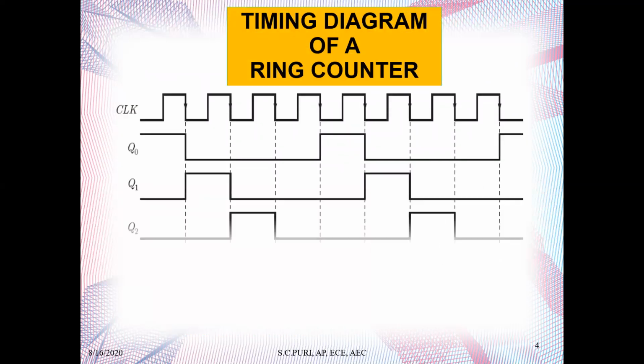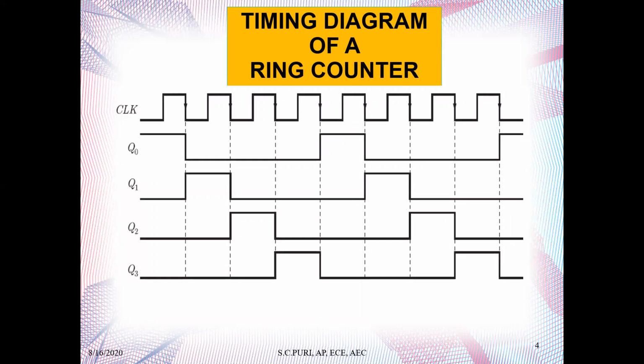Now let us discuss the timing diagram of a ring counter. This is the clock, and this is the Q0 output. With the first clock, this becomes 0, but this will transfer its input to the next, so it will become 1. Then with the second clock pulse this becomes 1, and with the third clock pulse this becomes 1, and so on.